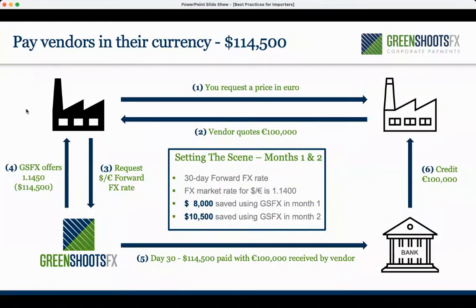And the rate just differs slightly the further you go out, but by and large, you would be paying something close to 1.1450 if the market rate is 1.14.